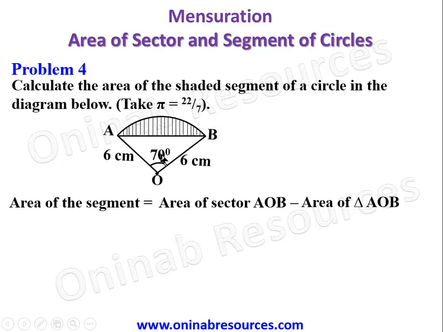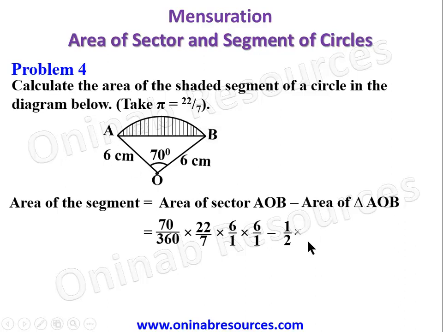The area of sector here is theta over 360 pi r squared. So I have my theta to be 70 over 360 times 22/7, that's the value of pi, times 6 times 6, then minus half r squared sine theta. That's the formula, half r squared sine theta.